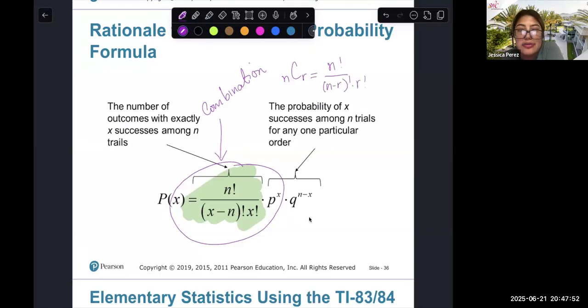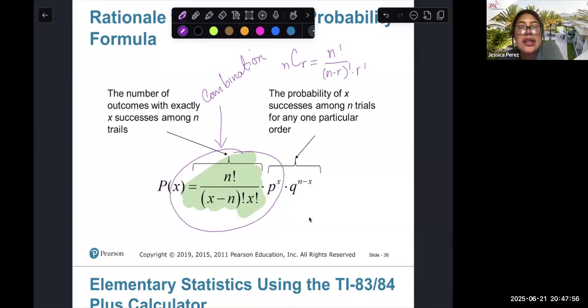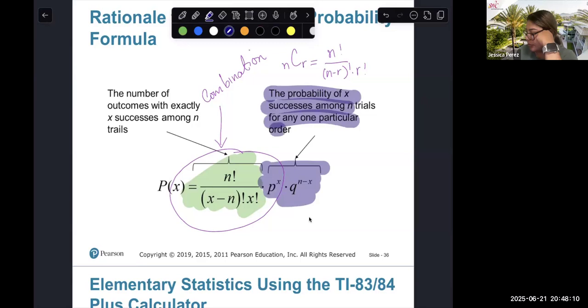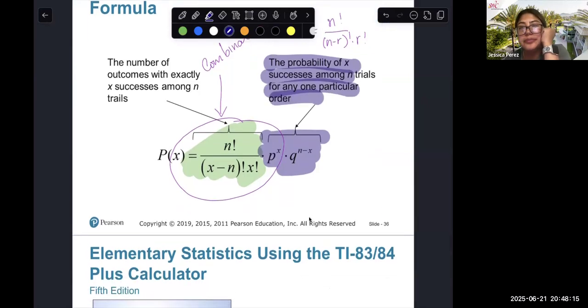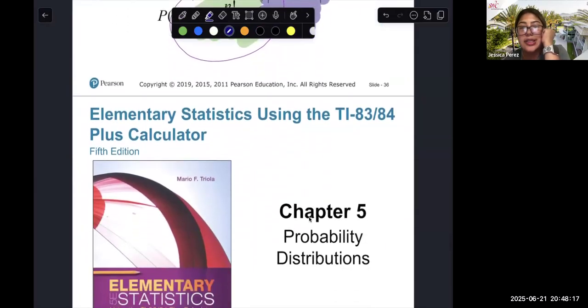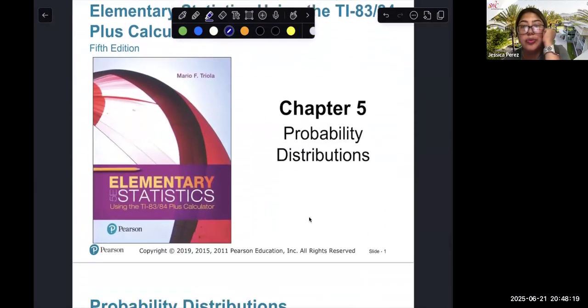This is our combination, the number of outcomes with exactly x successes among n trials. And then the second part is the probability of x successes among n trials for any particular order. So it's divided into two parts. The first one is the number of successes and the other is the probability. And that ends with section 5.2.